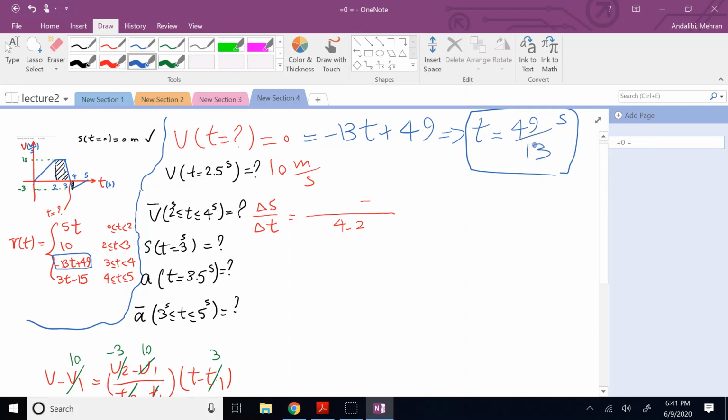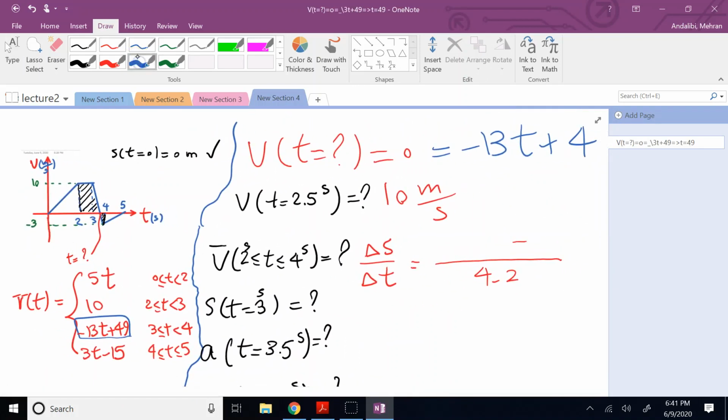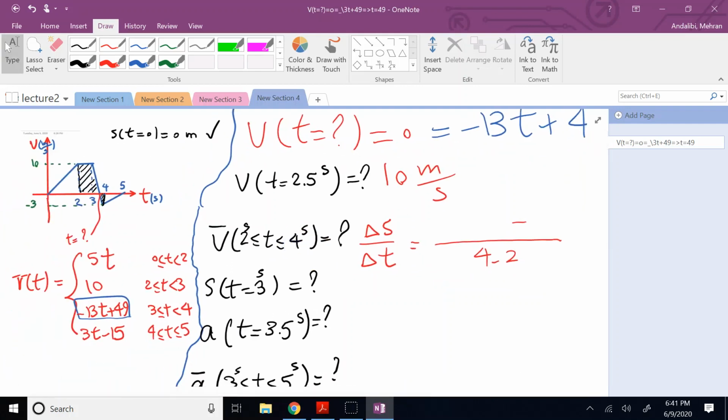So now, if I want to calculate the area of the trapezoid, one base of it is 1, the other base is between 49 divided by 13 and 2, and then the height is 10. So it is going to be 10 times 1 plus 49 divided by 13 minus 2, that's the other base, the whole thing divided by 2.